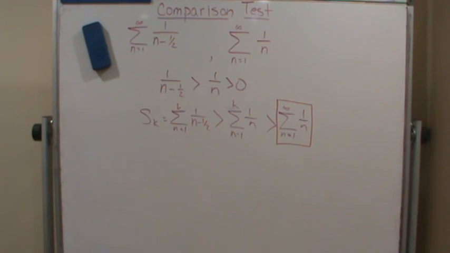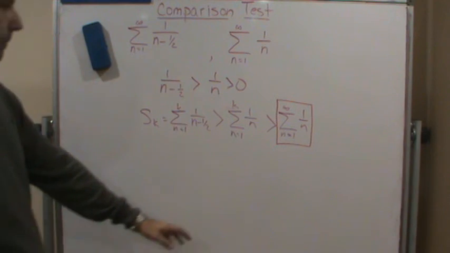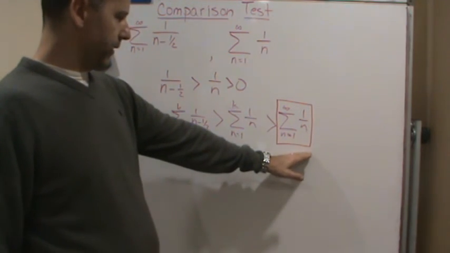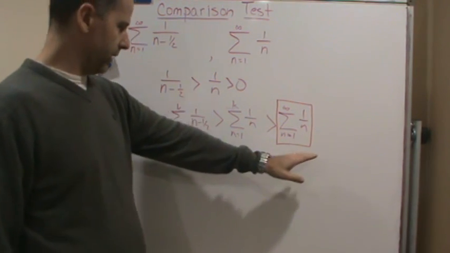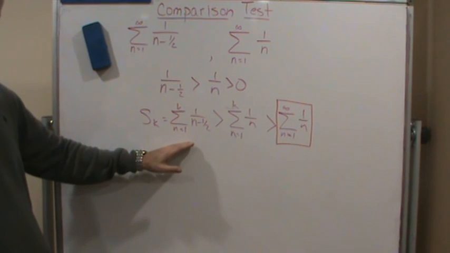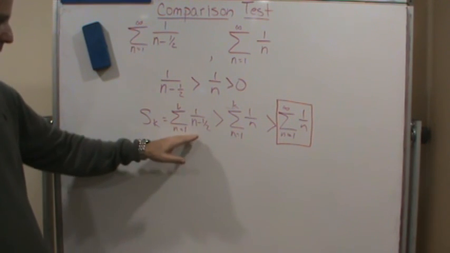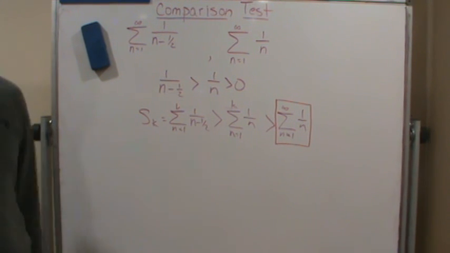In other words, since this is unbounded and diverges to infinity, the sequence of partial sums s sub k for this series here is also unbounded and hence diverges.